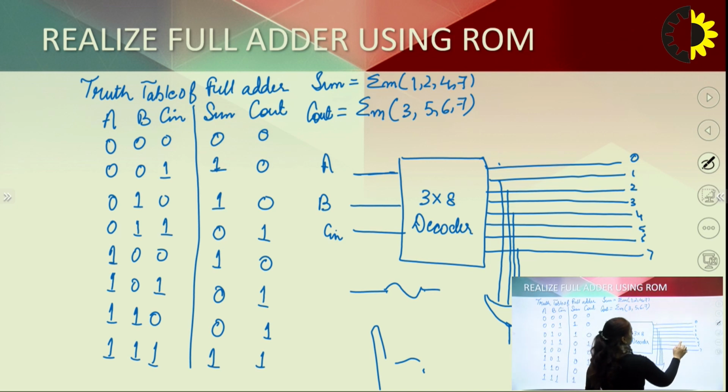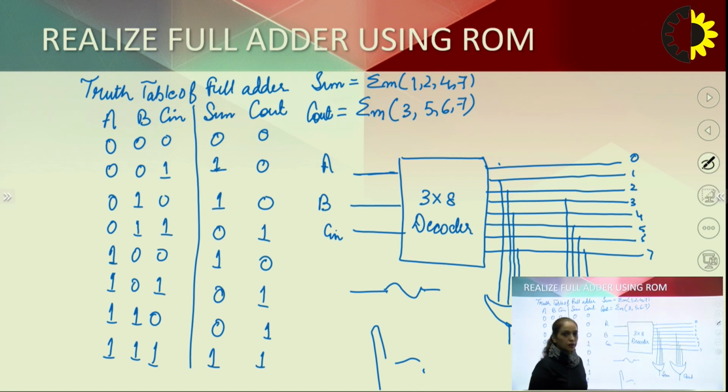And on the carry, 3, 5, 6, and 7. We have the carry out circuit, right? So this way we can design any decoder, any circuit with the help of ROM.